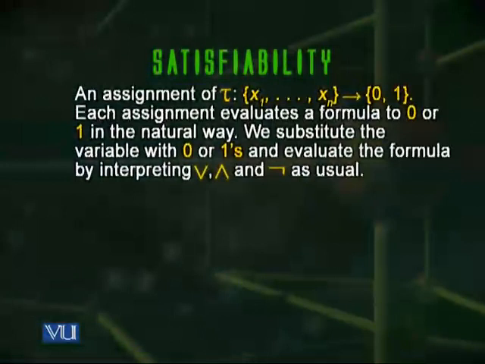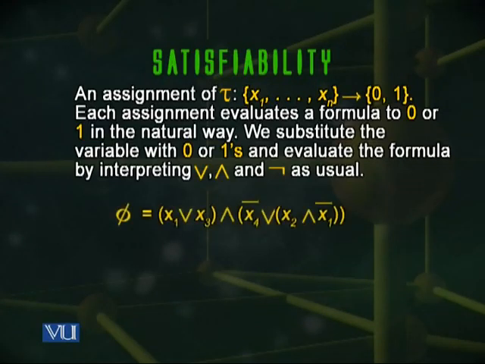The way a formula is evaluated is we substitute for each variable the value 0 or 1 as specified by the assignment. And then we interpret AND, OR, and NOT as we usually do.